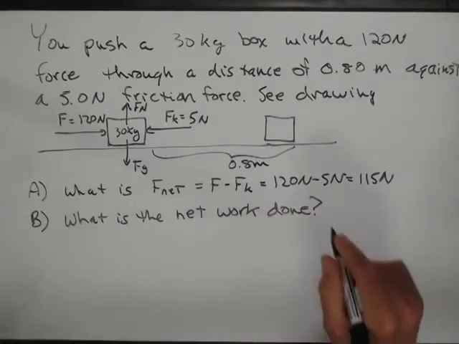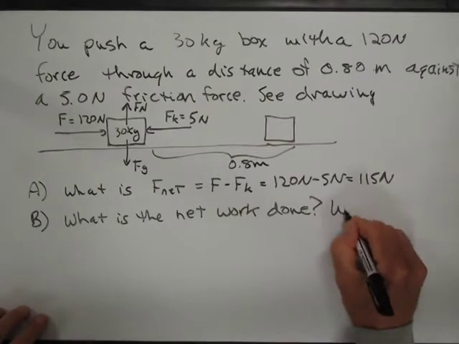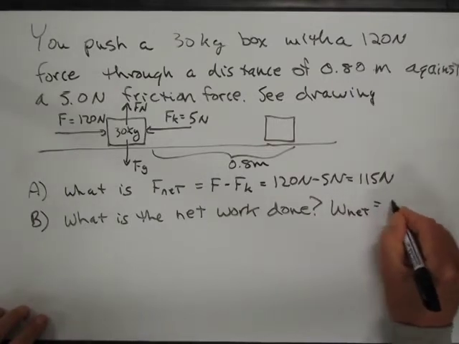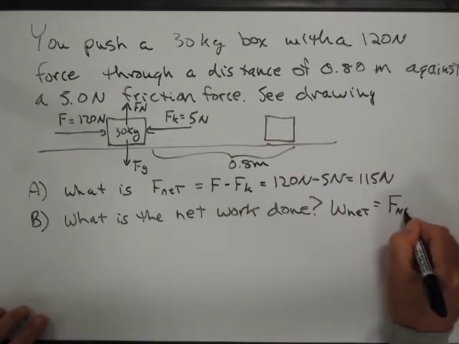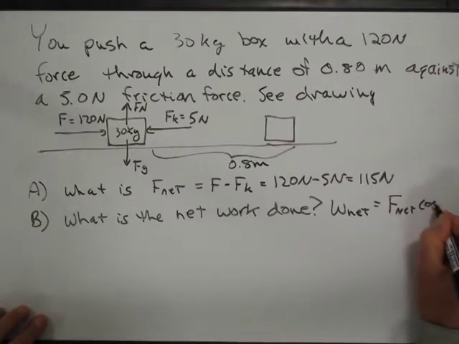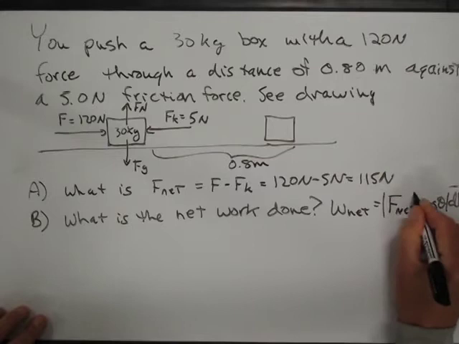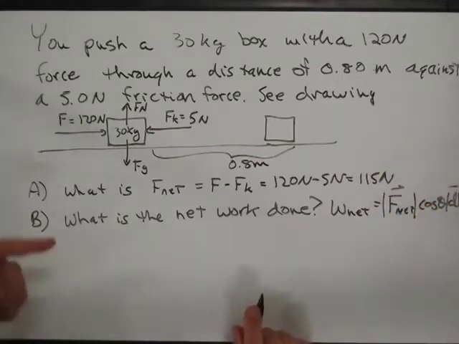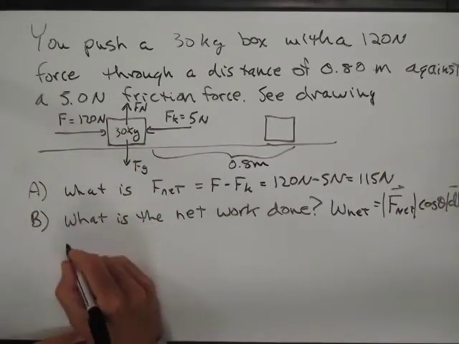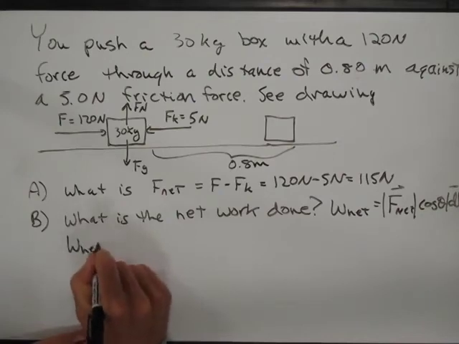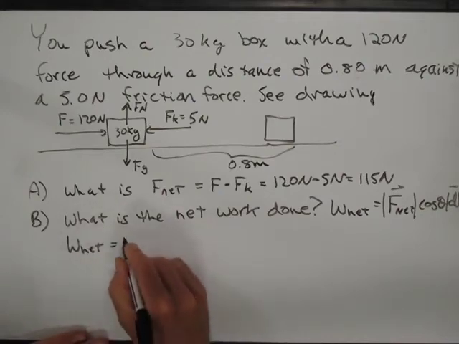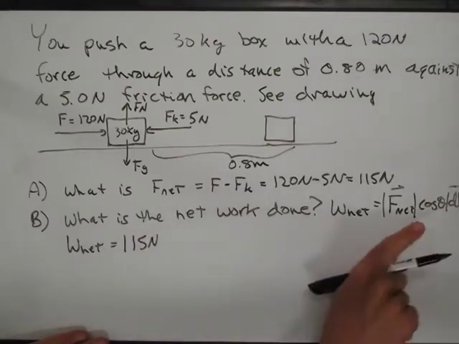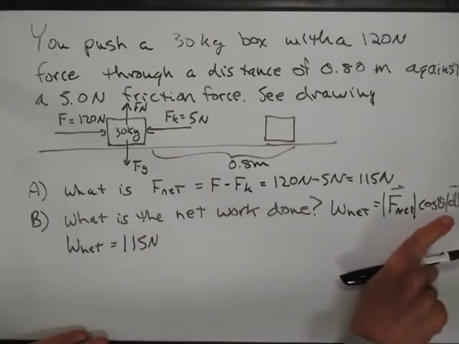B, what is the net work done? Well, the net work is equal to the net force times the cosine of the angle between them times the distance. I don't have to really worry about vectors here because they're in the same direction. And so the net work is equal to 115 newtons, the net force, times the distance it moves, which is 0.8.